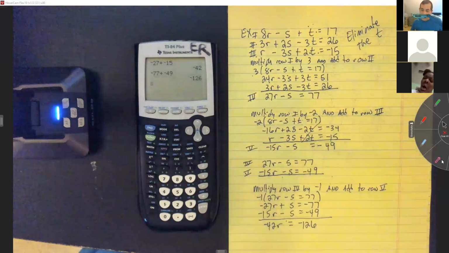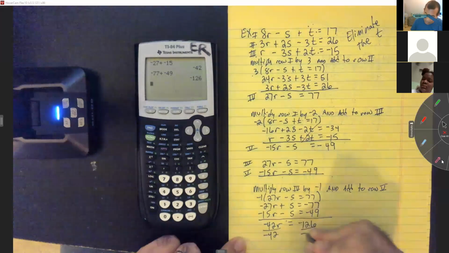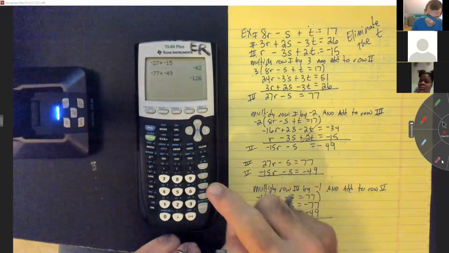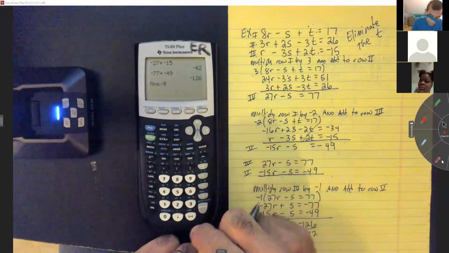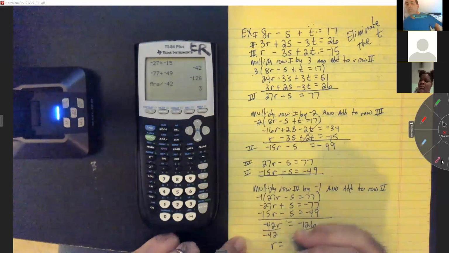So I can finally get the R's by dividing both sides by negative 42. Negative 126 divided by negative 42, that's 3. So R is 3.